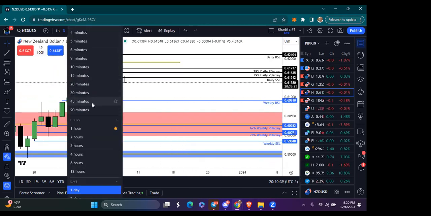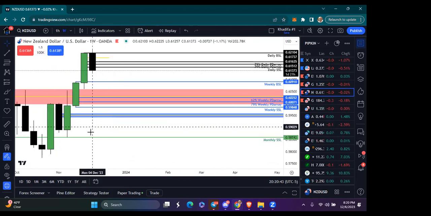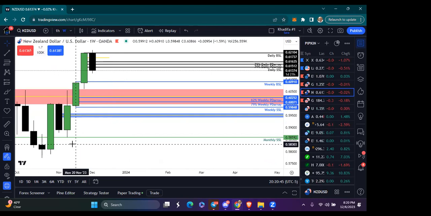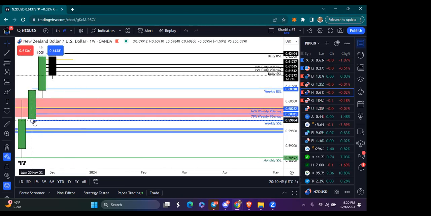Did I not change my buy side? I'm sorry. Let me see my weekly level. Yeah, so I didn't change, sorry about that, guys. I didn't change my weekly PD arrays for NZD USD.